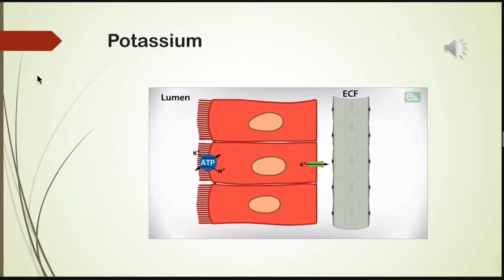Absorption of potassium in the large intestine is an active process involving the potassium hydrogen ATPase. Potassium enters the enterocyte and later on will pass through potassium channels to enter into your blood.